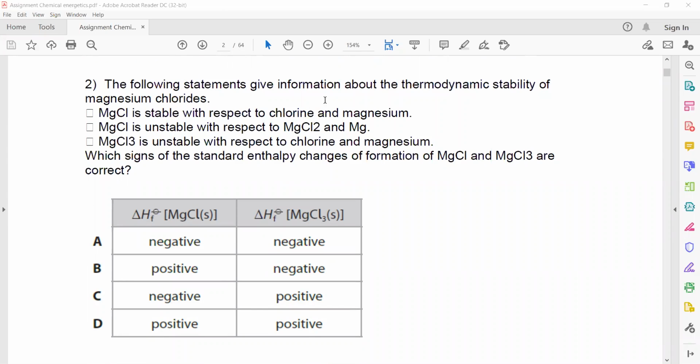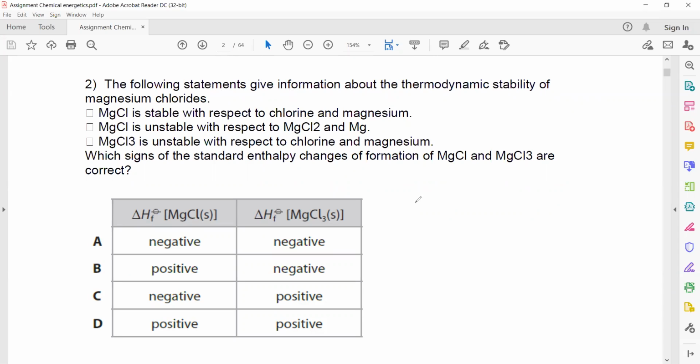The following statements give information about thermodynamic stability. Magnesium chloride is stable with respect to magnesium and chlorine.